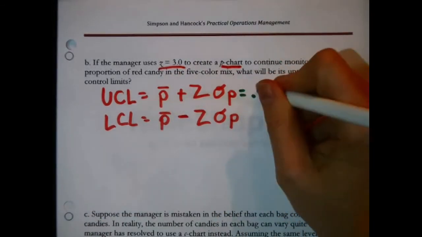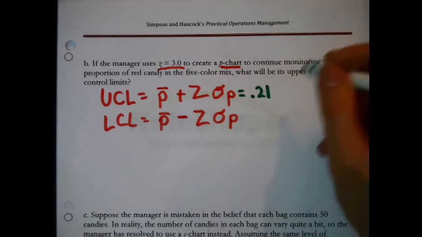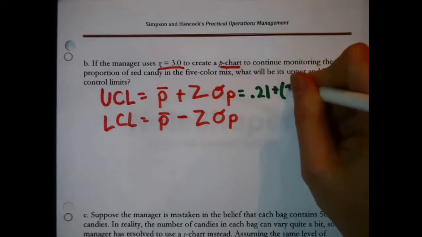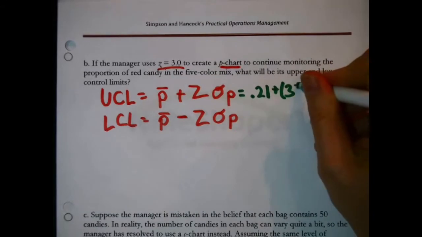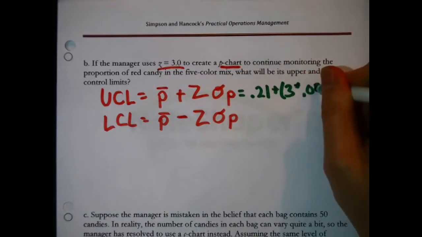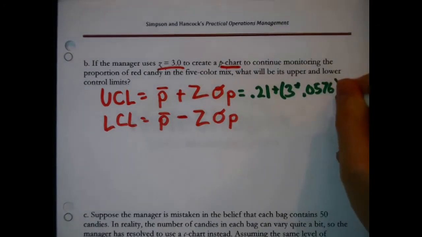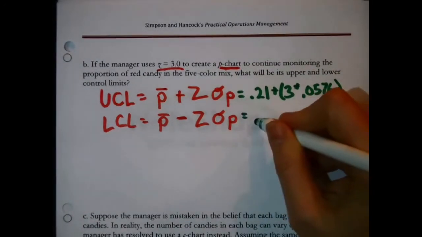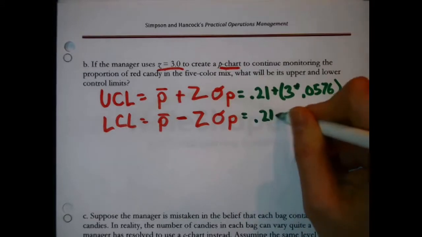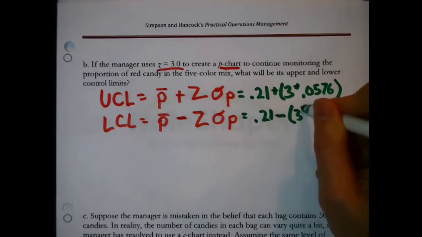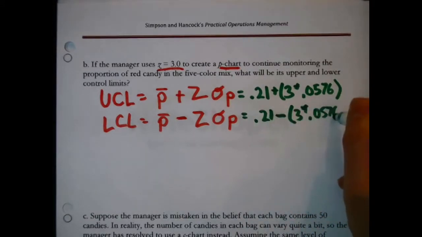Because from part A, we know that p bar is 0.21, plus they just specified a z of 3, times 0.0576. For the lower control limit, 0.21 minus 3 times 0.0576.